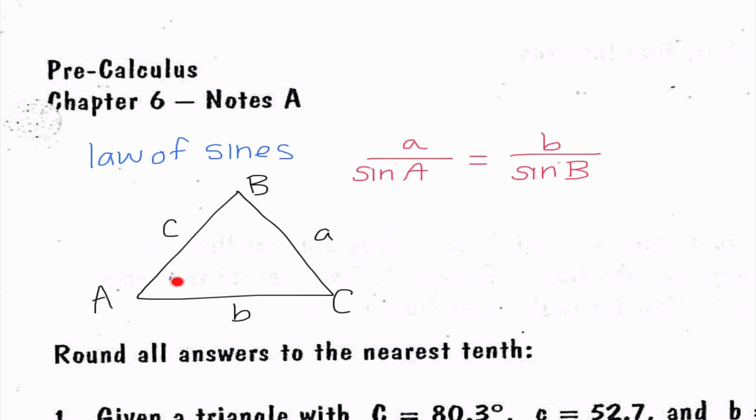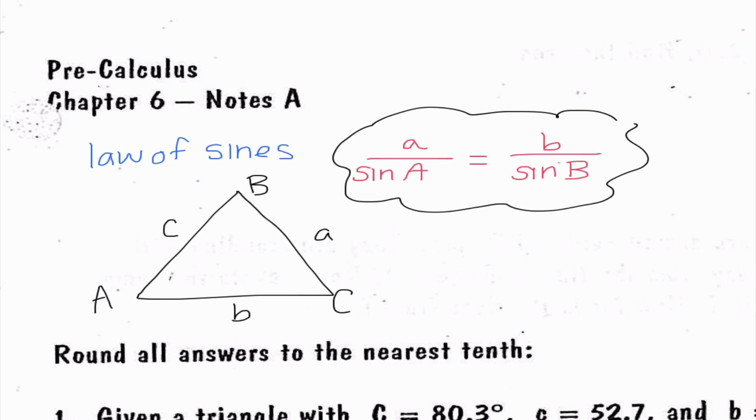So opposite from angle A is side a, opposite from angle B is side b, and you've guessed it, opposite from angle C is side c. And really what makes this different, we're used to angle C always being the biggest, which means side c is the biggest. And in this case, that's not always true because it's not a right triangle. So this is definitely a formula that you guys need to have memorized.